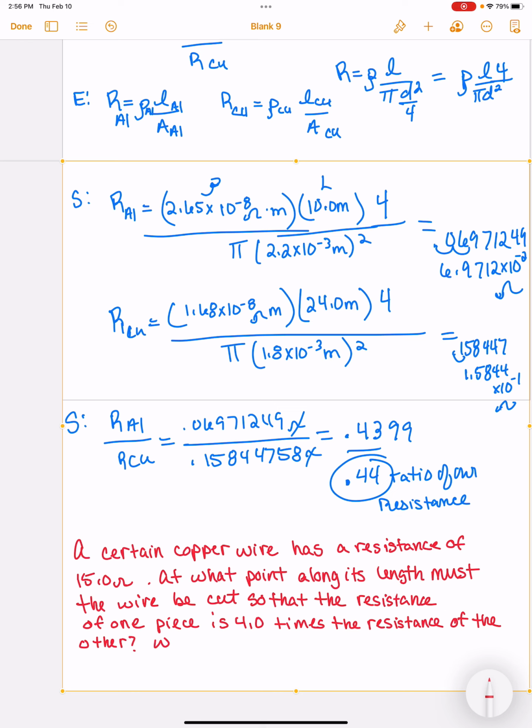And then what is the resistance of each piece?